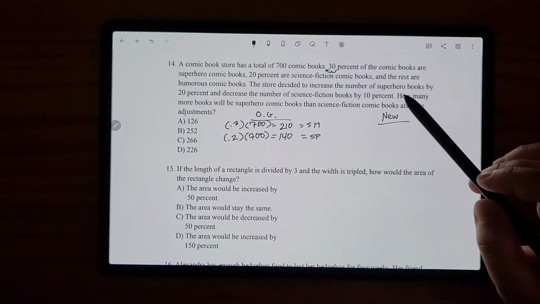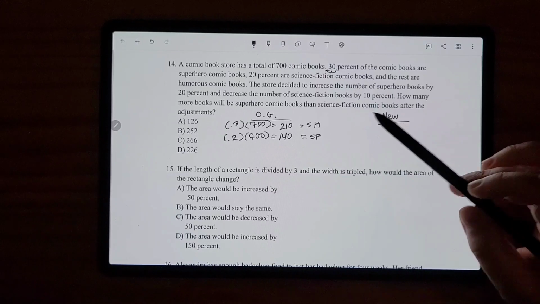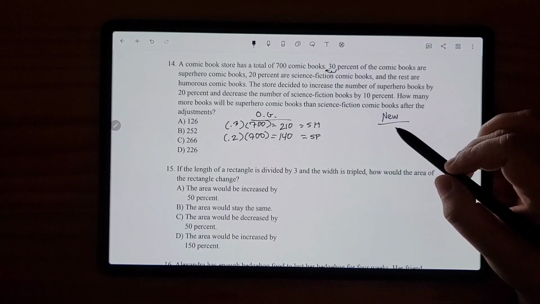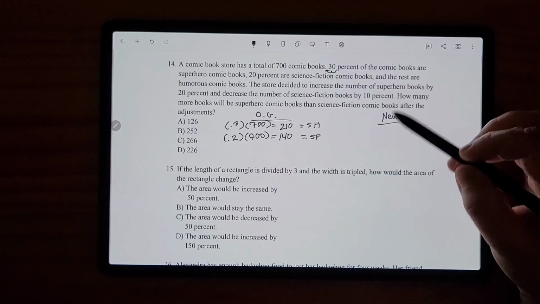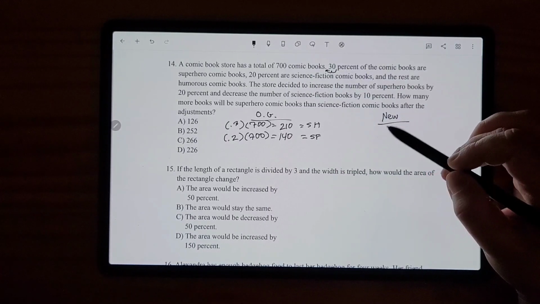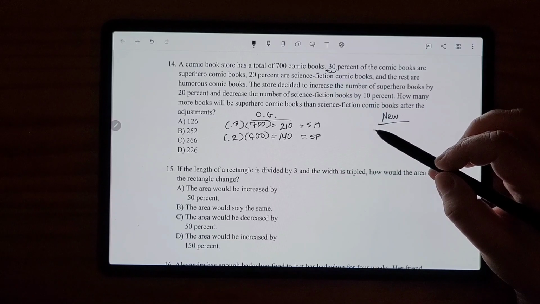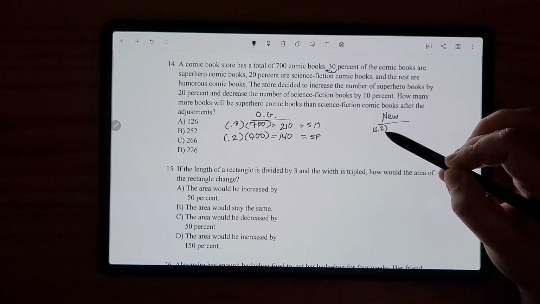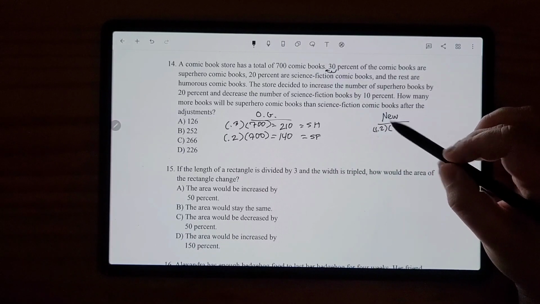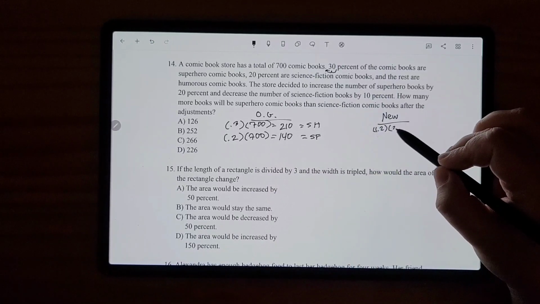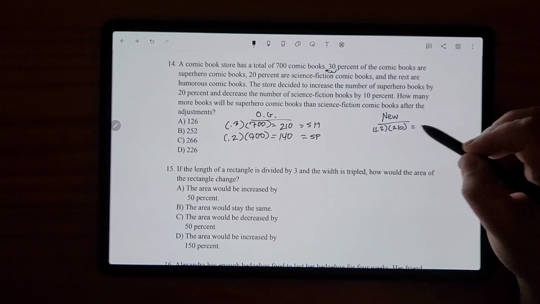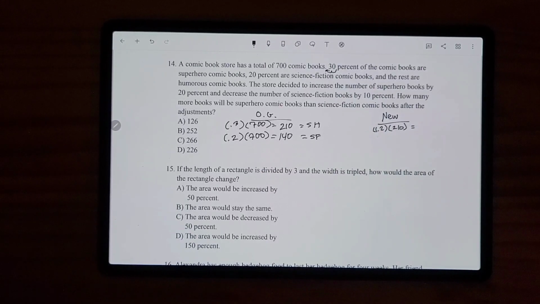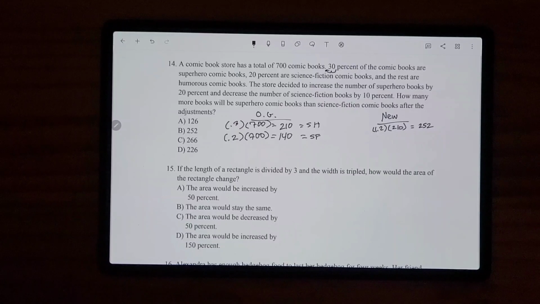It says they decide to increase the number of superhero comic books by 20%. So we're doing percent increase by 20%. That means we have 100% plus 20%, which means we're talking about 120% or 1.2 as a decimal times whatever the original amount of superhero comic books was, which is 210. And that would give me my new amount of superhero comic books, and that would be 252.